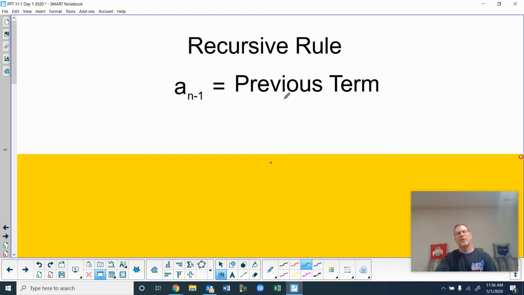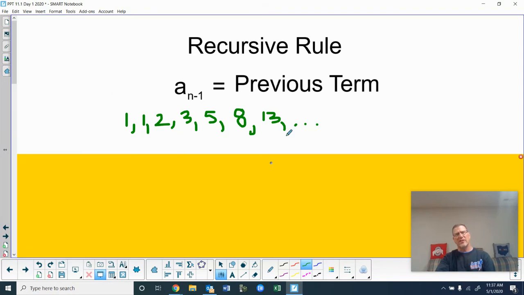A special type of sequence that basically uses a recursive rule is called Fibonacci's sequence. And the sequence goes like this. It goes 1, 1, 2, 3, 5, 8, 13, and this keeps going forever, right?